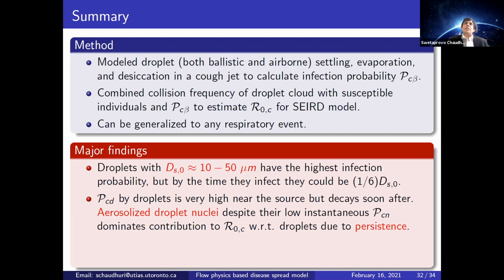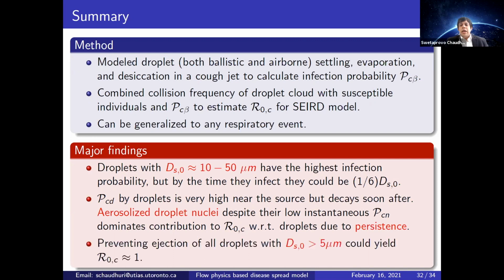And the fact that these aerosols can persist in the air for a long, long time. We can show that preventing ejection of all droplets beyond 5 micron could yield an R0C of about 1. But this is only for the cough droplet size distribution that we have used, and we have also assumed that the viral load is uniform across all droplet sizes.